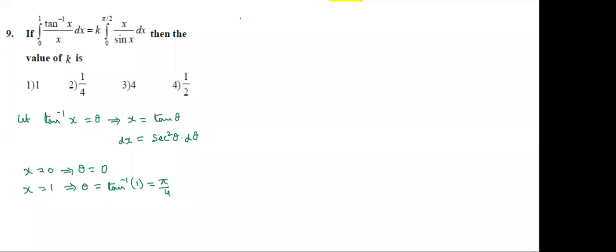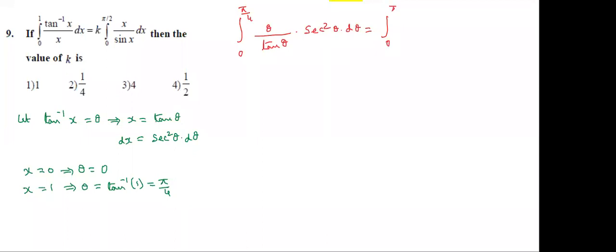So integration 0 to pi by 4, tan inverse x means theta, divided by x means tan theta, then dx means secant square theta d theta. Simplify that.